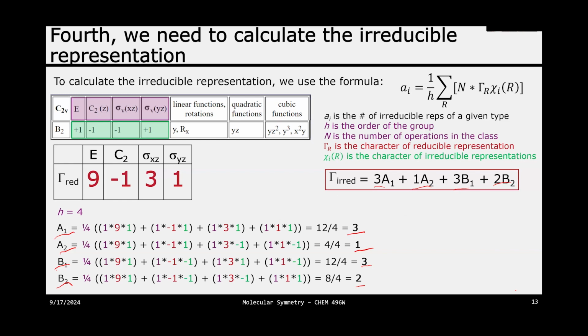Is this entire formula just doing this table thing? This formula right here is one of these. Oh, wow, yeah, that's A1, the irreducible reps of a given type. So the type is A1, A2, B1, B2.